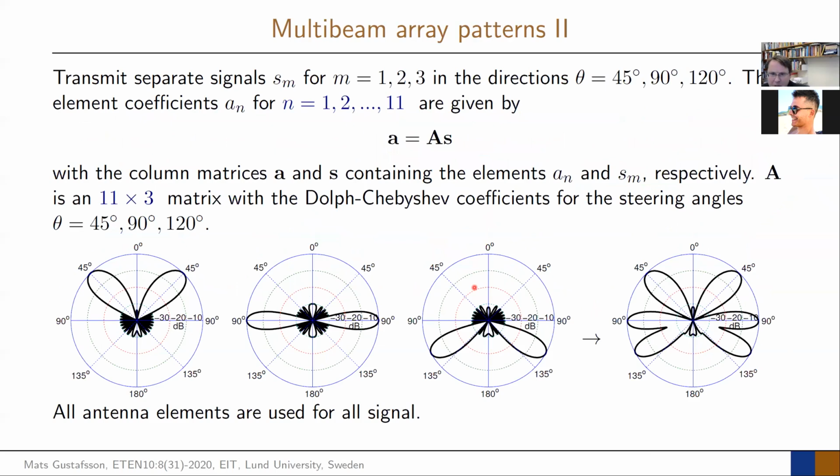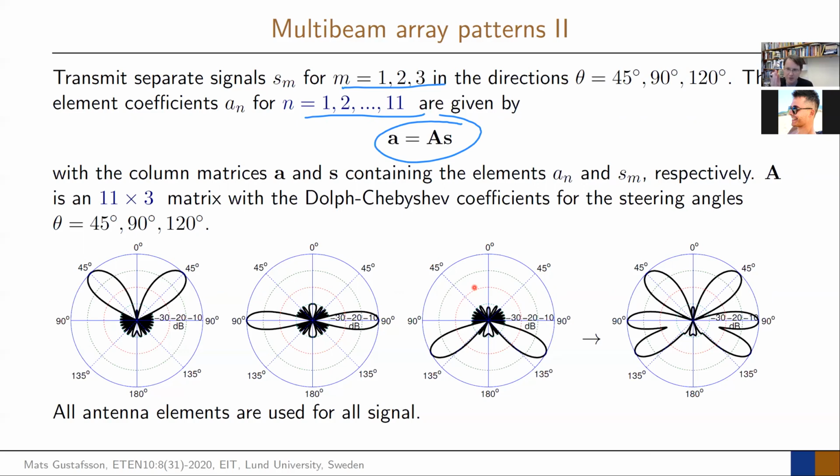And if we now say that I would like to send, for example, 3 beams, then I had 11 elements in these cases. So what I have to do is just to transmit the signals here. Let's say I have 3 of them in these directions. That means my coefficients can be written as linear combinations of these signals, and those weights are just the elements of the Dolph-Chebyshev coefficients.